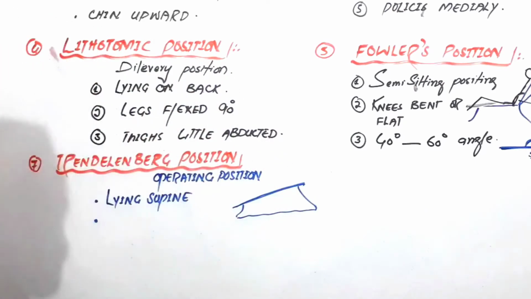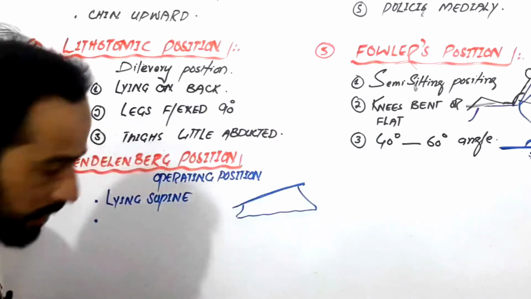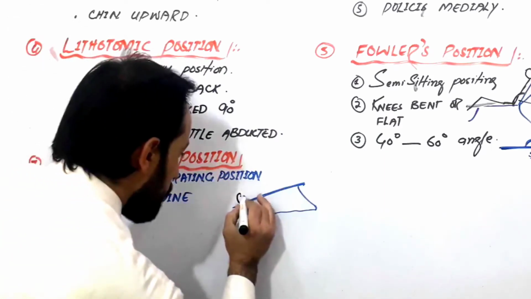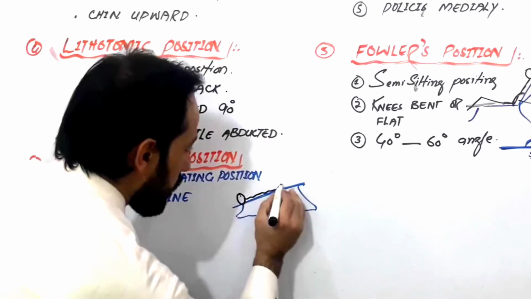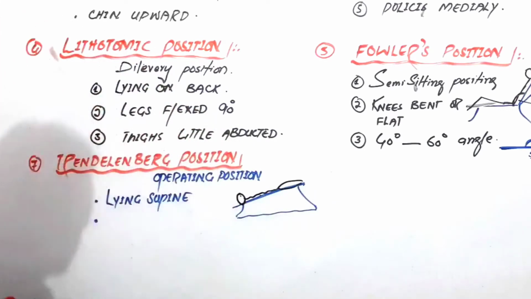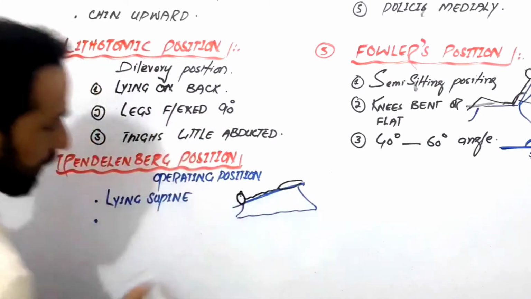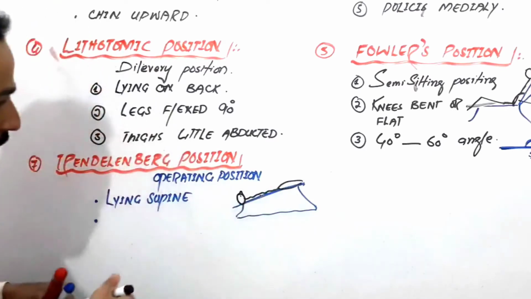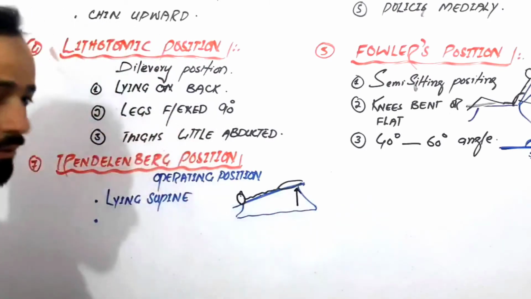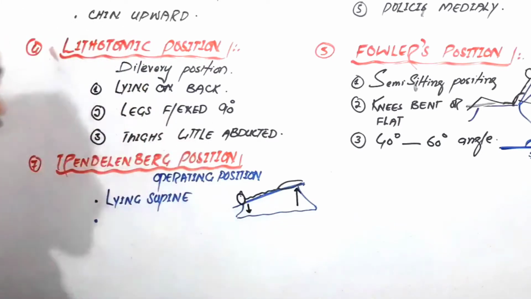For example, this is your operating table and the patient is lying here. This is your patient, right? This is his head. Okay, these are his feet. So the feet should be a little elevated, then the head should be a little declined. This is called Trendelenburg position.